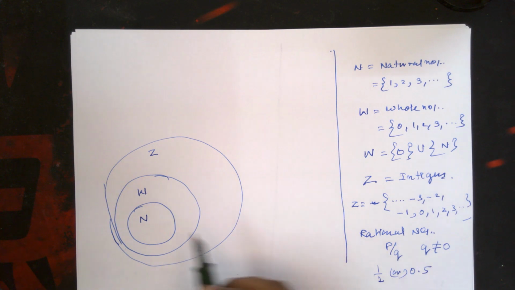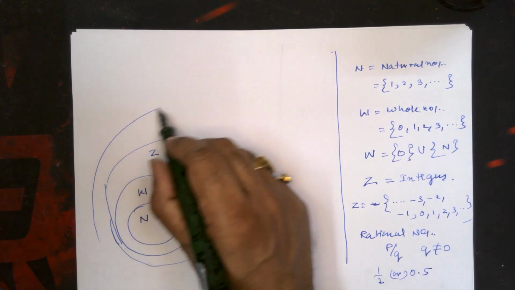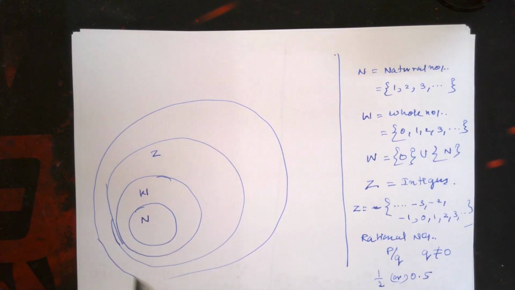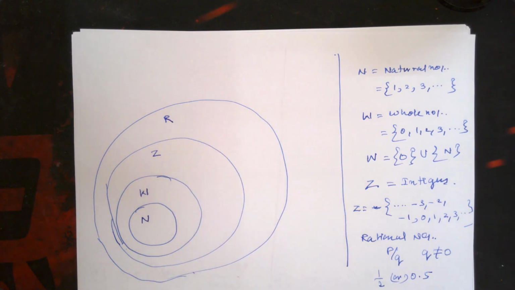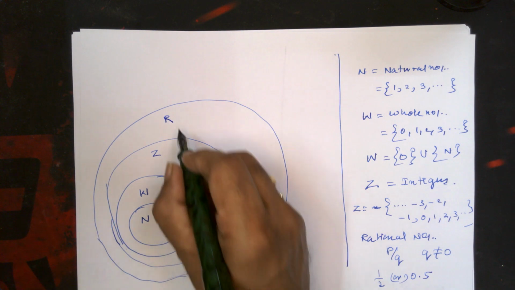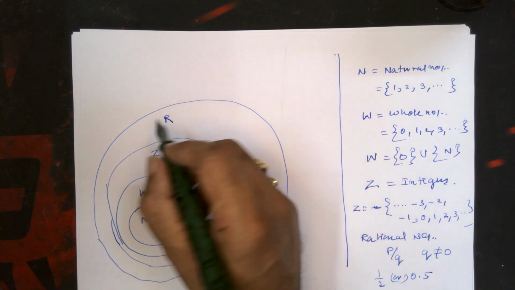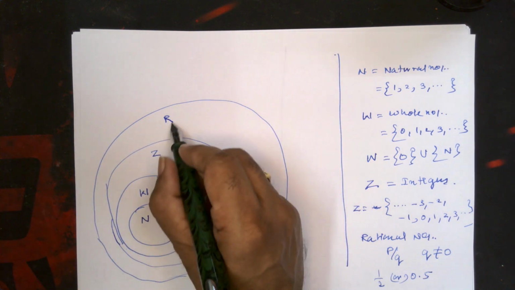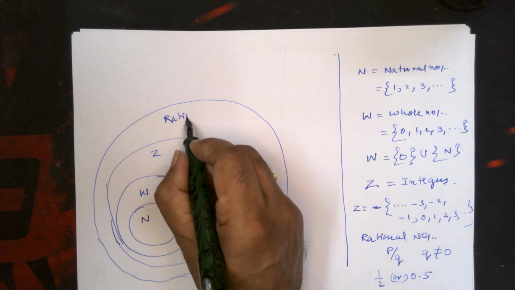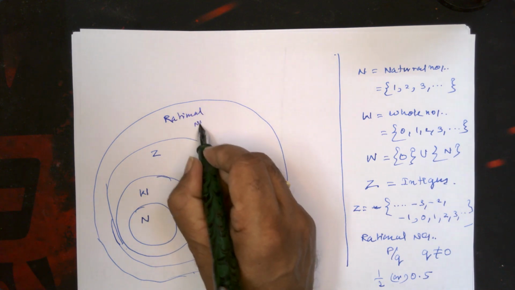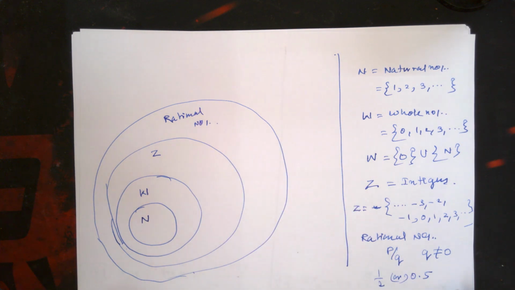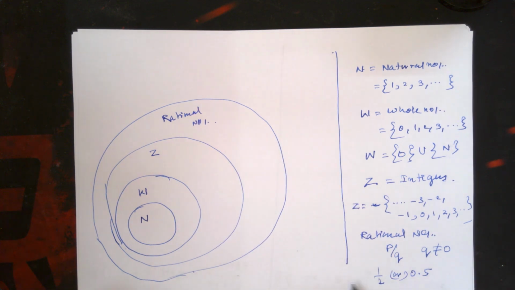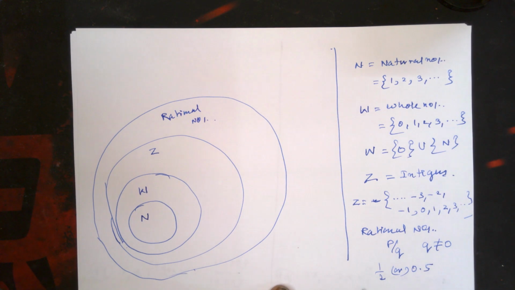Okay. So definitely this rational number is much bigger than what? This is the rational number. We can put rational number here. And out of this rational number we have got certain values, like for instance, irrational numbers. Okay, what is that?